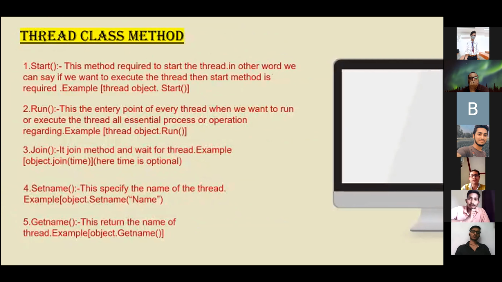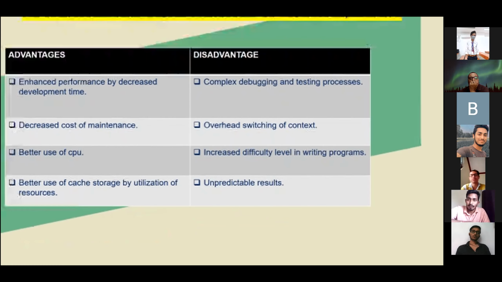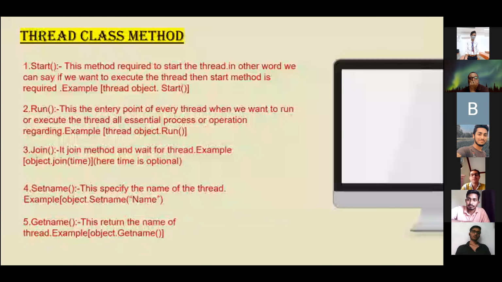The first method, the start method, I will explain. The method which starts the thread is called the start method. In other words, if we want to execute a thread, then the start method is required.